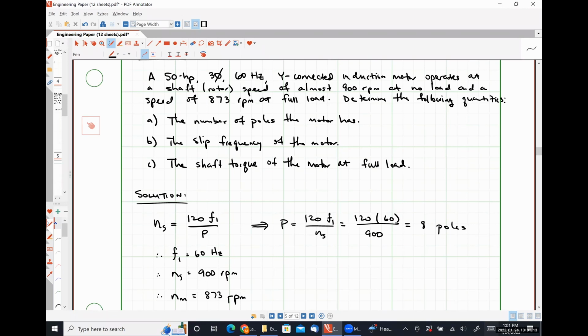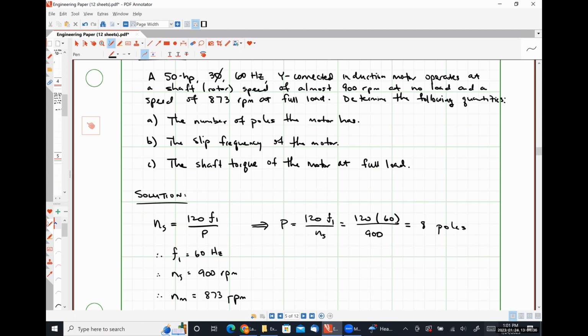If we have a 4-pole machine, it's always going to be exactly half that, or 1,800 RPM. If we have an 8-pole machine, it's going to be half that, or 900 RPM. Effectively, we're going to see these things so many times that if we know it's a 4-pole machine and it's in the US, we know its synchronous speed is 1,800. We don't have to do the math or anything like that.